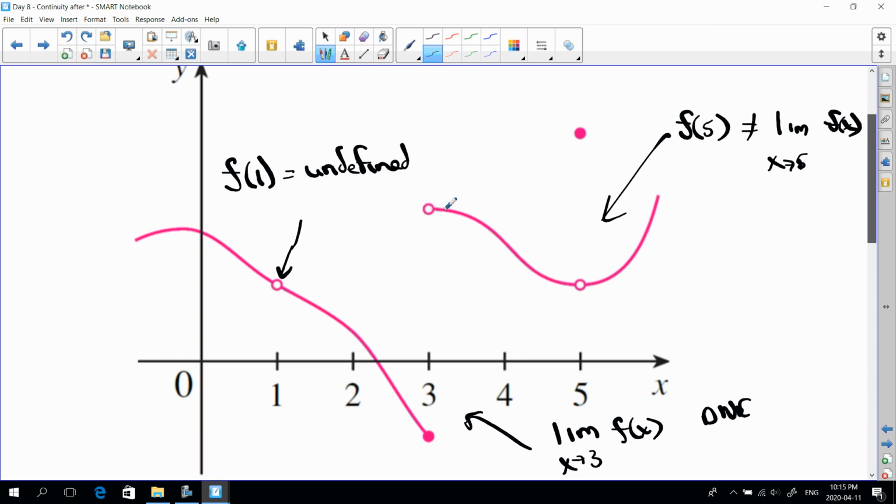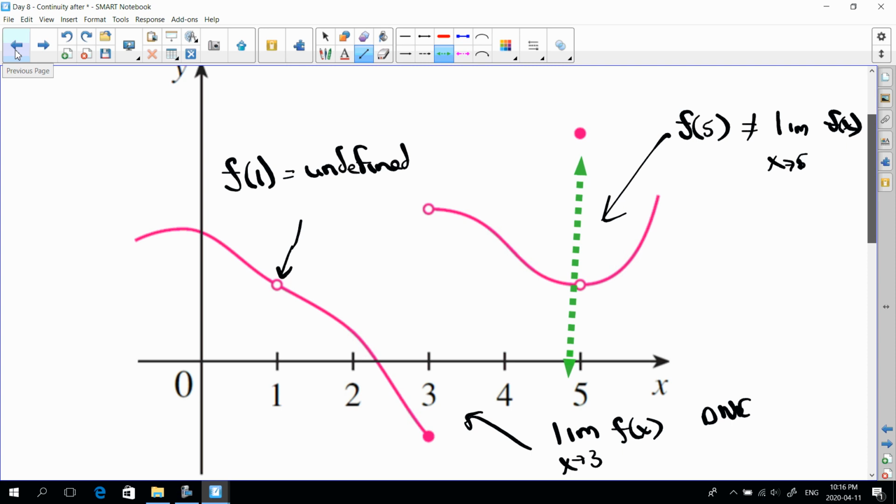If I ask you what the limit would be as x approaches 5, look at, when I approach 5 from the left, I arrive at this hole. When I approach 5 from the right, I arrive at this hole. The intended height of the function, or the limit, would be this hole, whatever height that happens to be. Okay? F at 5, the defined height, is way up here. Those two things are not equal.